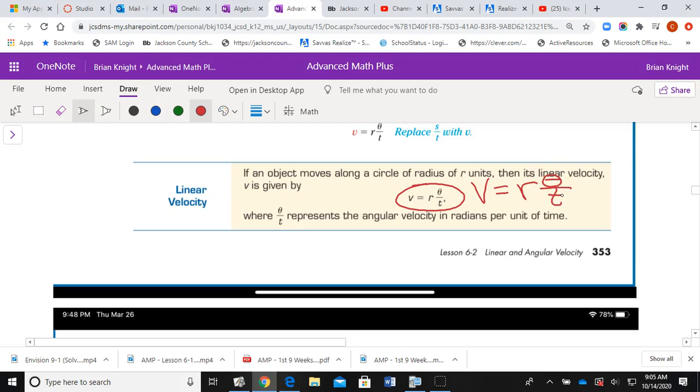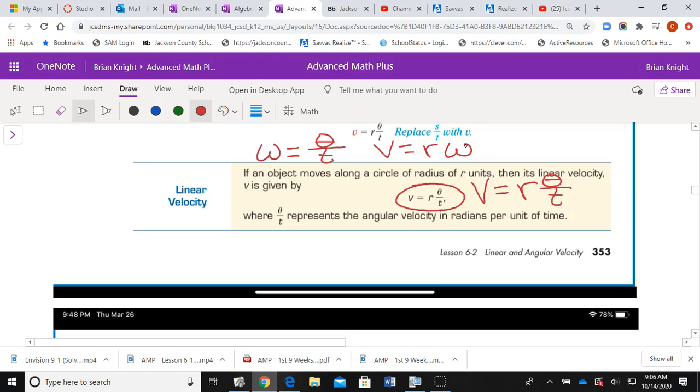Everybody good? We just had a formula that was theta over t. What is it? The angular velocity. Remember this thing? Theta over t. We just used it on example 3. So, another way of thinking about linear velocity is it's just your radius times your angular velocity.